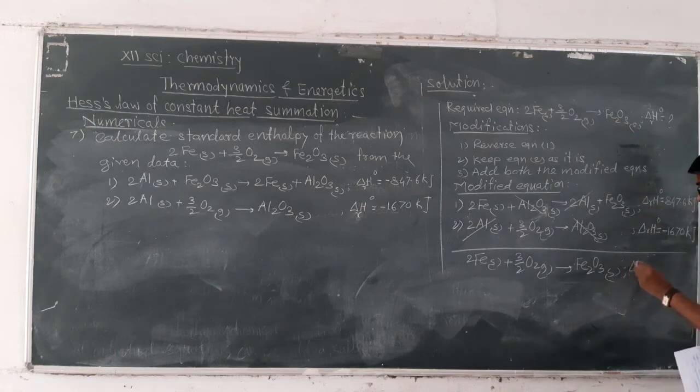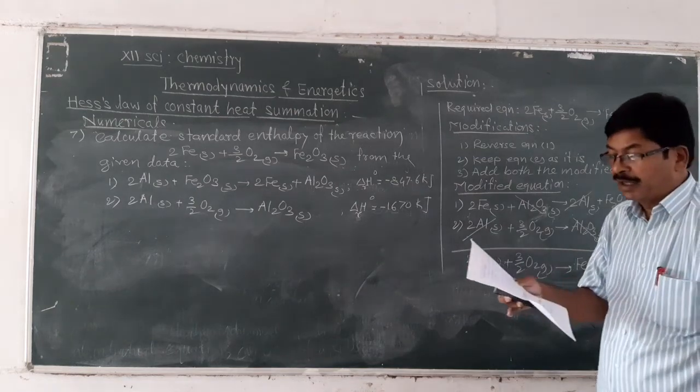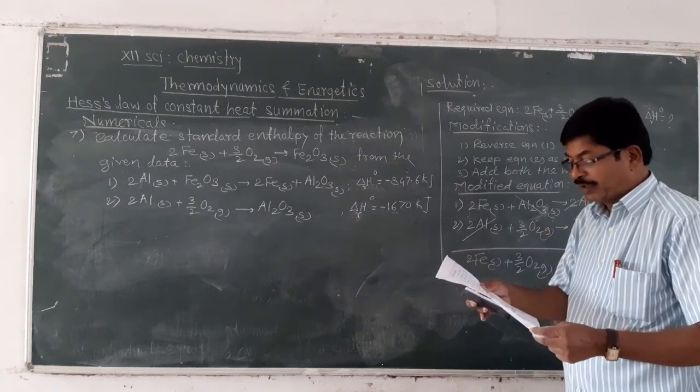And enthalpy of this reaction, standard delta H naught, is obtained by adding these two. We get minus 822.4 kilojoule. This is the standard enthalpy of this reaction.